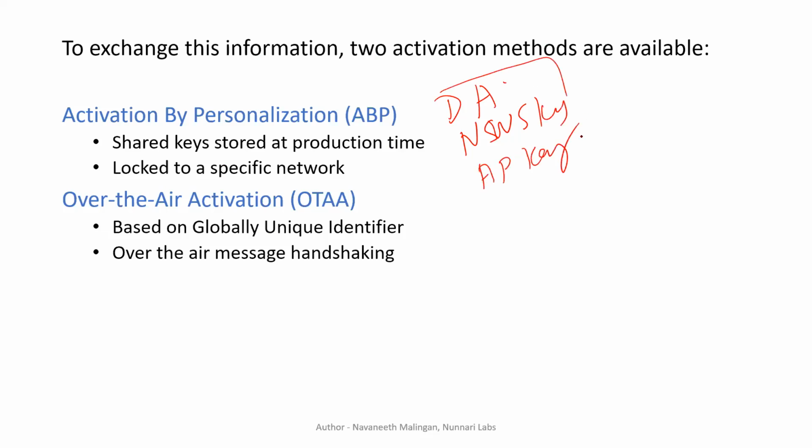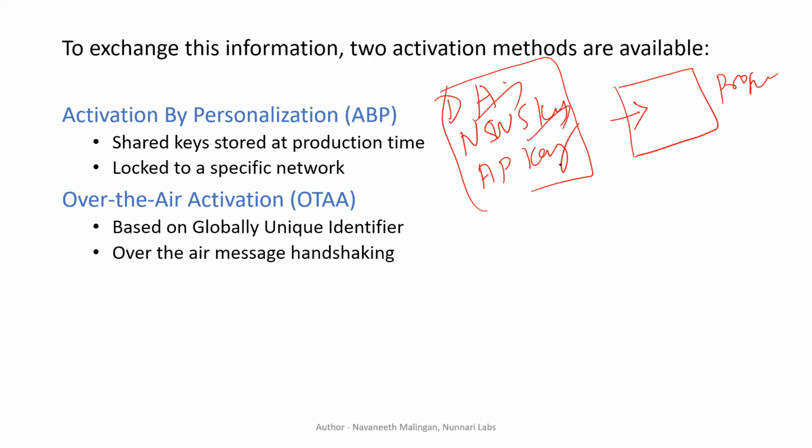So you need these three pieces of information. All three are embedded or fed into the node while programming itself. You can program a microcontroller, right? So you can program a LoRa device, and during the programming itself, the device address, network session key, and app session key, all three are fed into it. Okay, so that is one way.